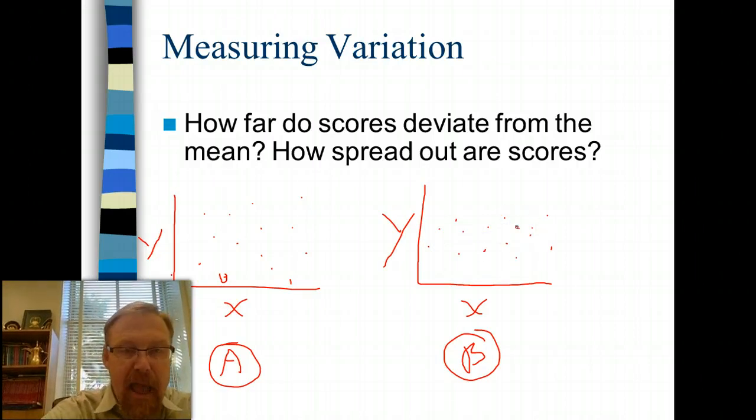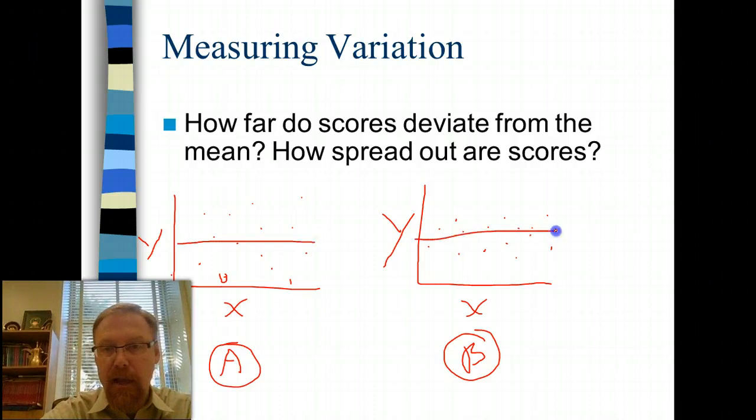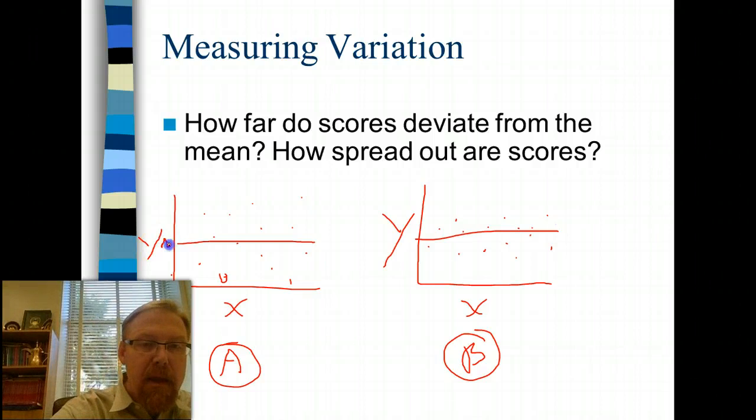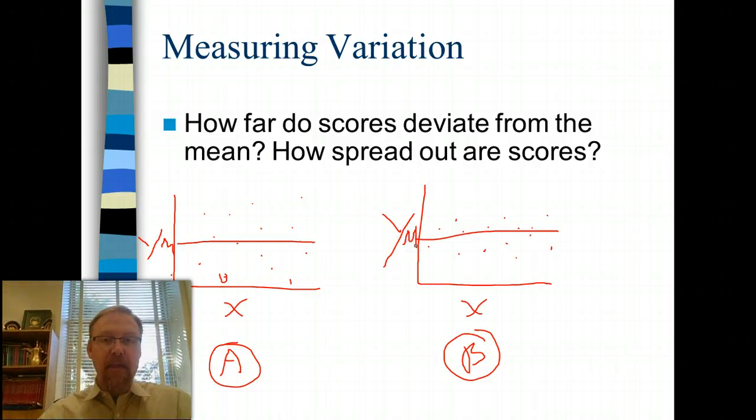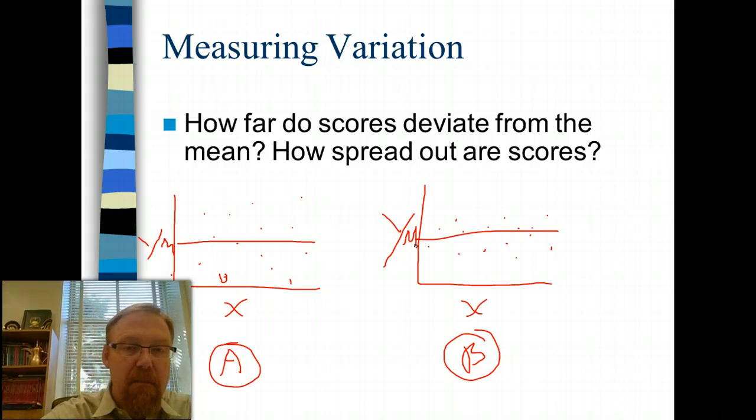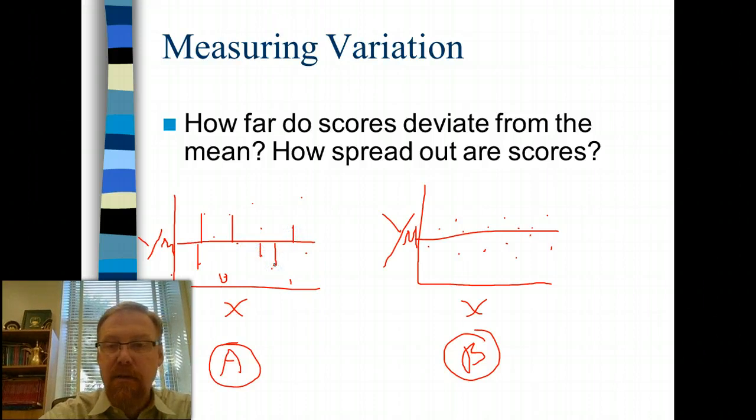If we take the average of all of these scores, we could draw a line that would represent the average. I'm going to put M for mean there. Then we look at the distance between each of those individual scores and the mean. This is what we did with the deviation from the mean in our measures of central tendency screencast.